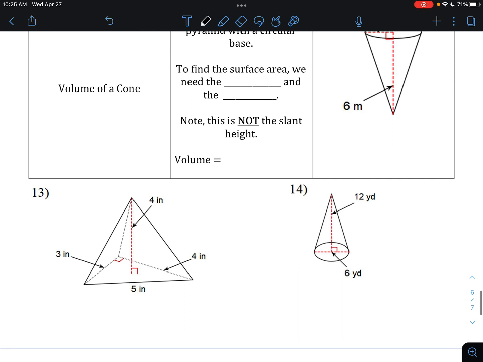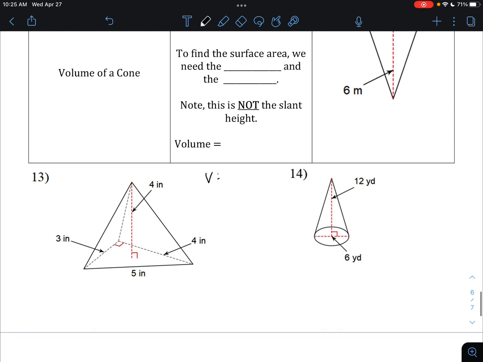So the volume of this pyramid is 1/3 area of the base times the height. The only tricky part about this is that the base is a triangle, which is different from the example I showed you earlier. But we still go through the same process.